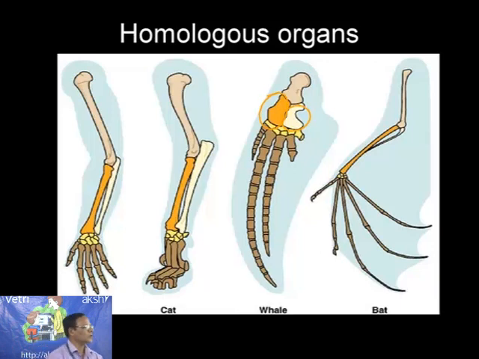In the case of whale, it is called a flipper, used for swimming. And in the case of bat, the wing is called the patagium, a skin fold, with the help of which it can fly. So one for flight, one for swimming, one for walking, and one for manipulation. But all have the same basic fundamental structure. The functions are different, but the structural arrangement is the same, origin-wise the same, and such organs are called homologous organs.